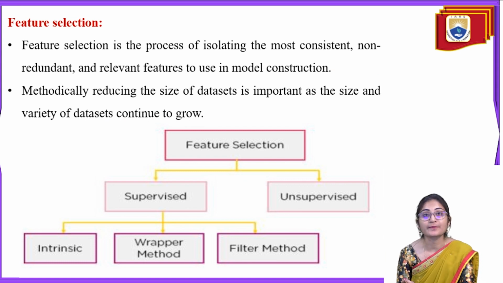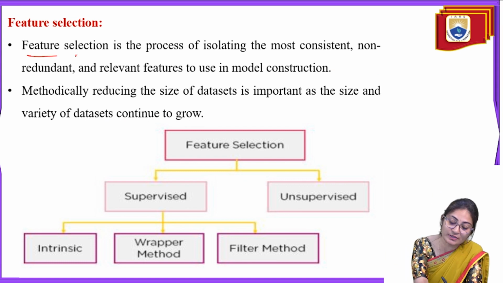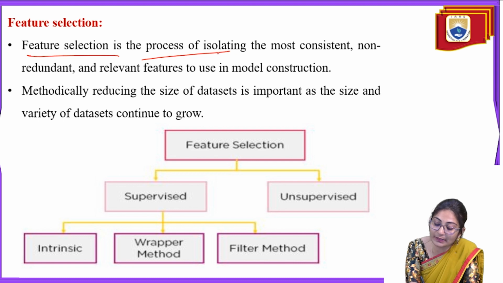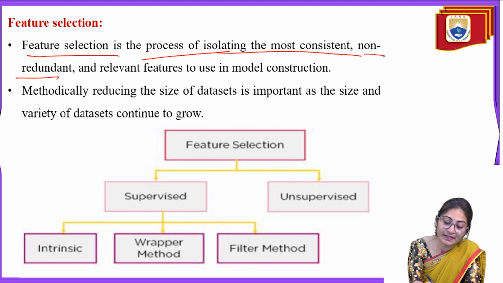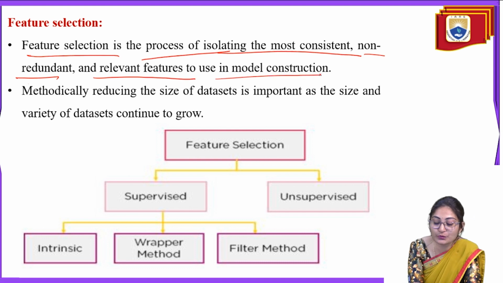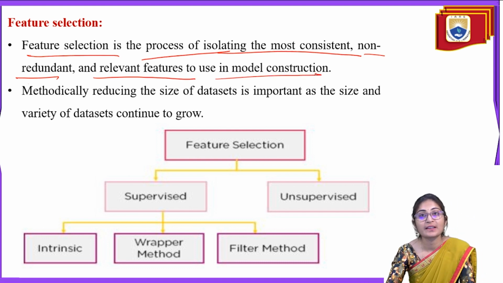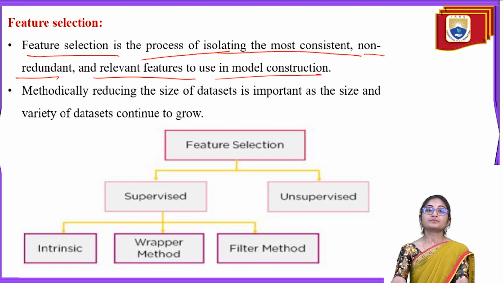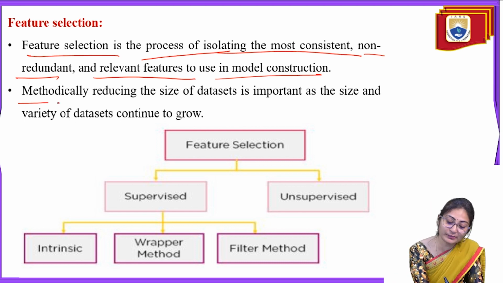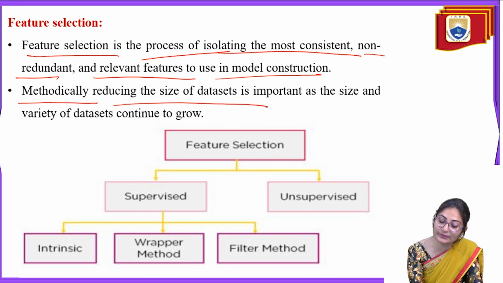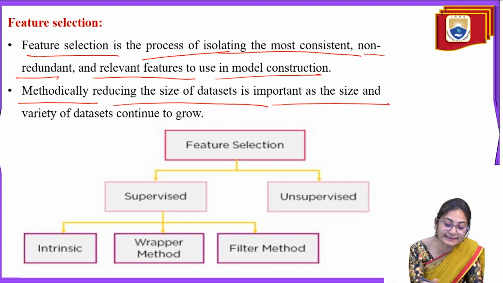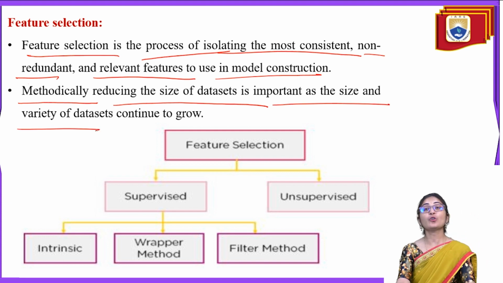Then feature selection. Feature selection is the process of isolating the most consistent, non-redundant and relevant features to use in model construction. Methodically reducing the size of data sets is important as the size and the variety of data sets continue to grow.